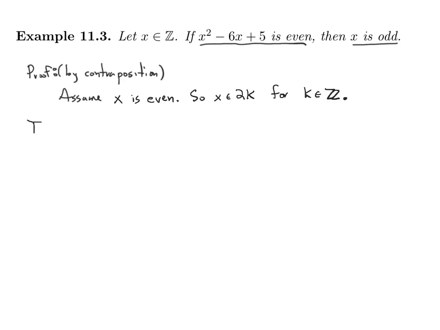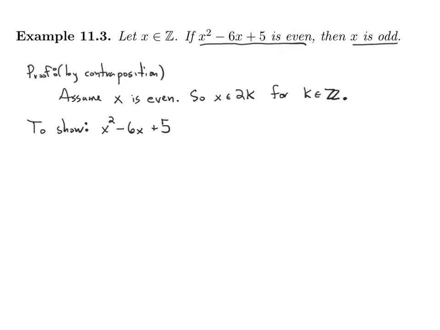And again, we want to show that this expression, x squared minus 6x plus 5, is not even. We want to show that the if part is false.